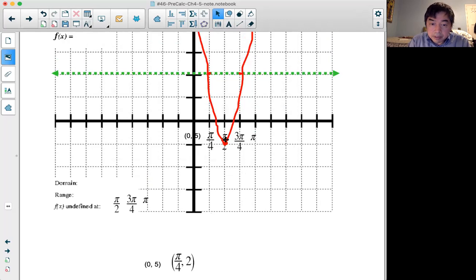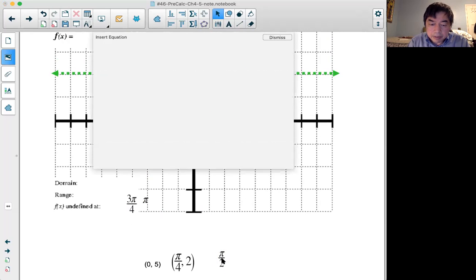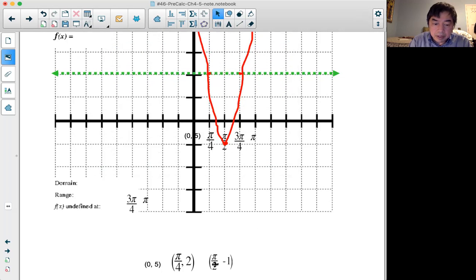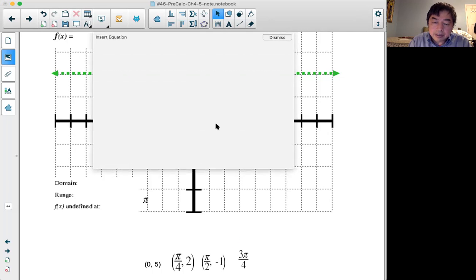The next number hits the minimum, which is half pi and -1. Then go back to the midline, which is 2.